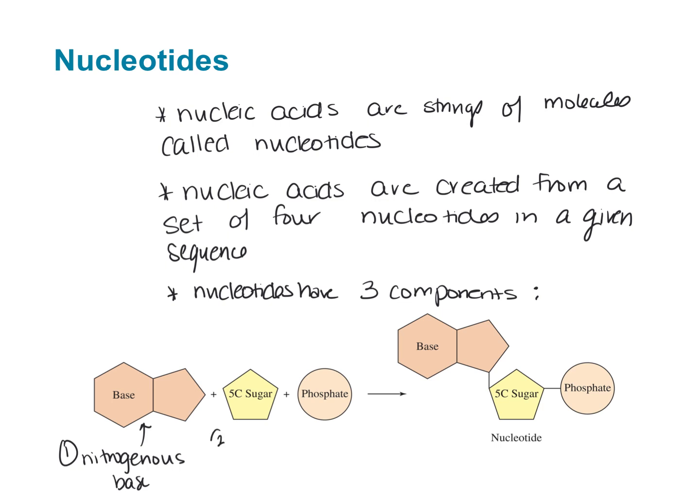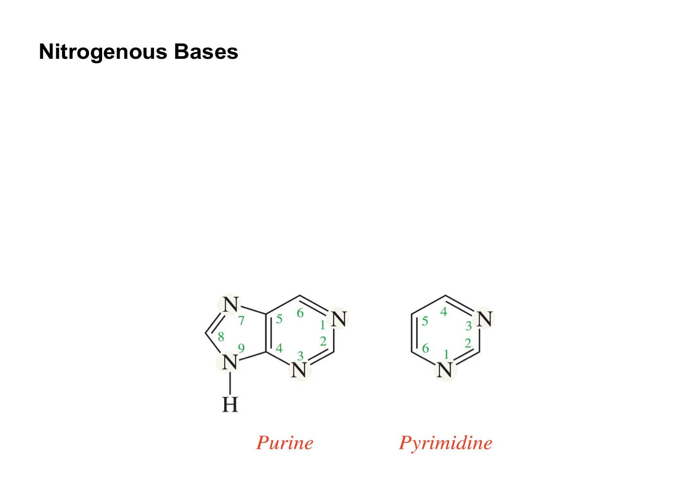The second part is going to be a 5-carbon sugar. This is a pentose, because that pent prefix means 5. The third part is a phosphate group, a phosphate functional group. Let's dive into some specifics here.